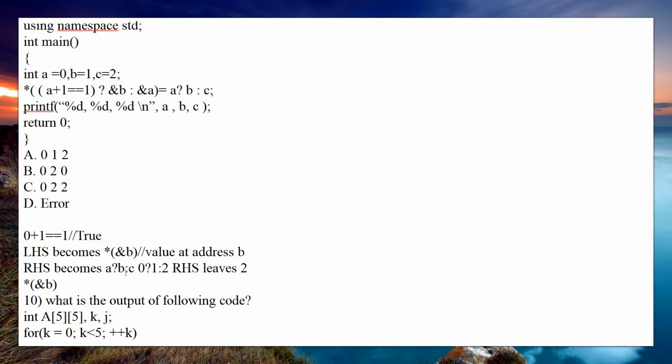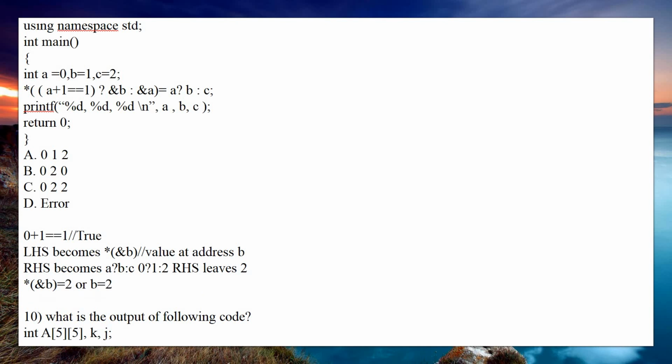Here you can see 0 question mark 1, which will leave the RHS to be 2. So A is 0, and at the RHS it leaves b to be 2. And C is also 2. So star ampersand b equals 2, or b is equal to 2, because the RHS leaves 2 as the result.